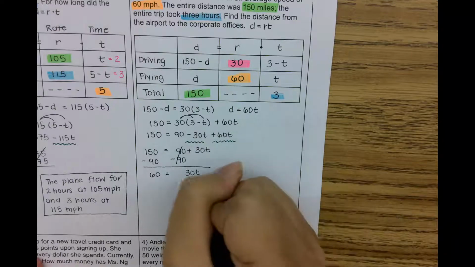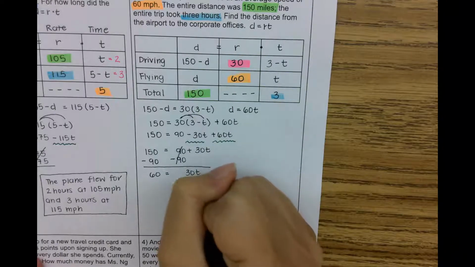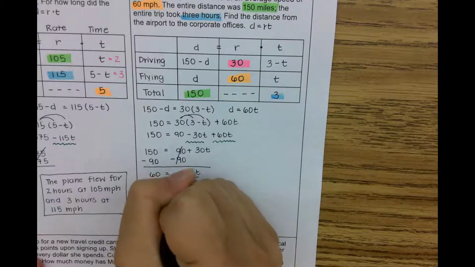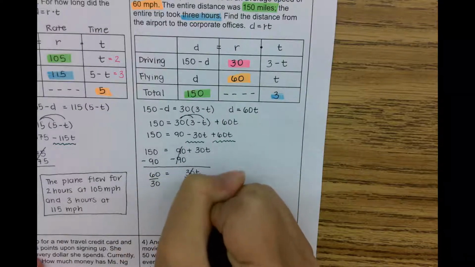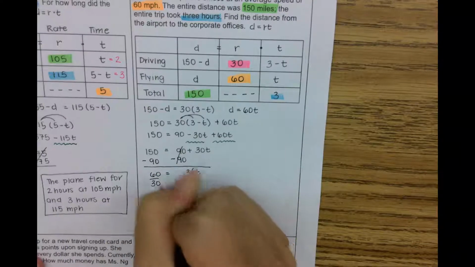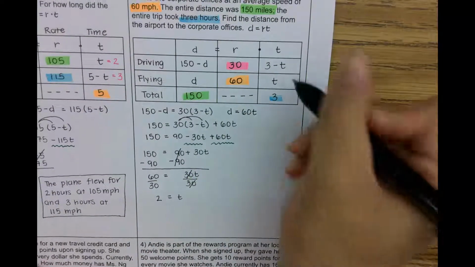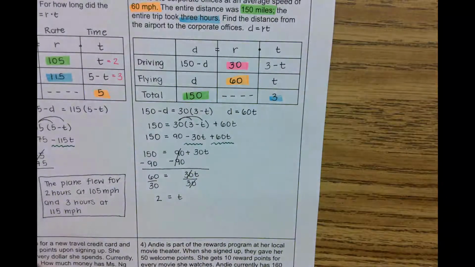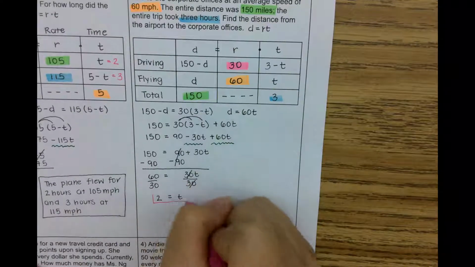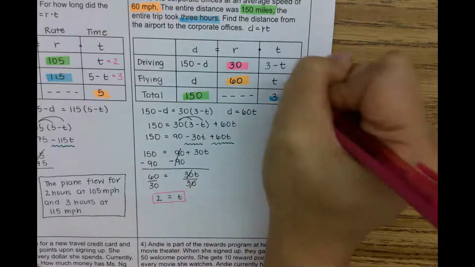And then now, since this is 30 times t, I need to divide by 30. 60 divided by 30 is 2. So this t here is 2.